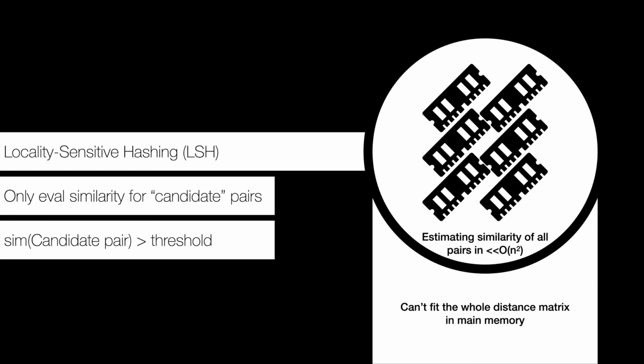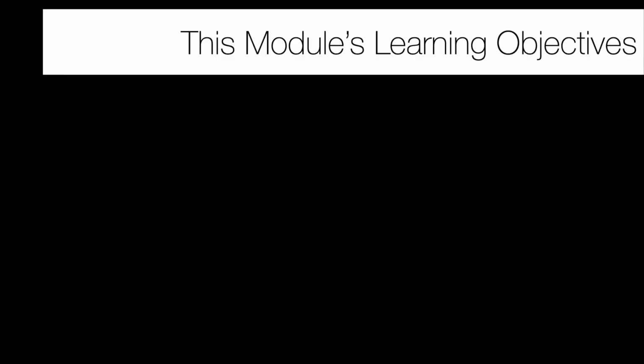Now again, there's some opportunity for errors here, with both false positives and false negatives, but in general, this penalty is worth the cost savings we get in memory.